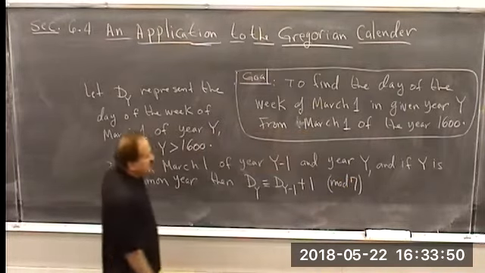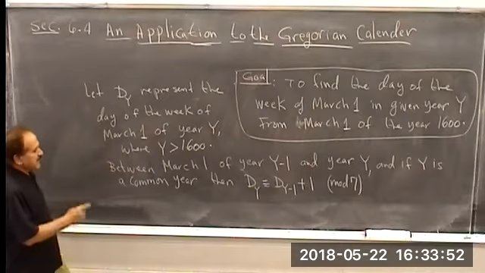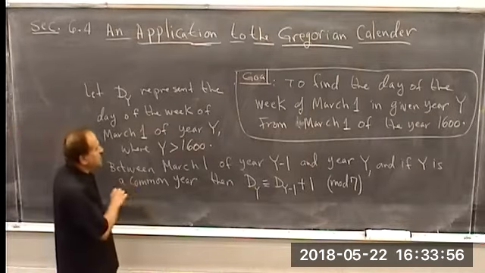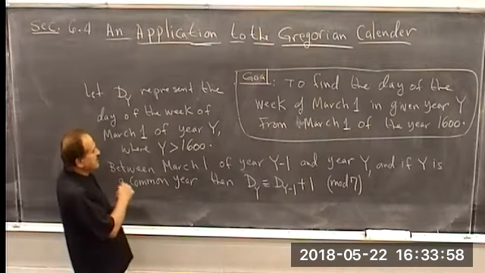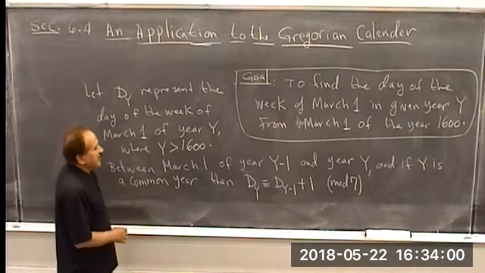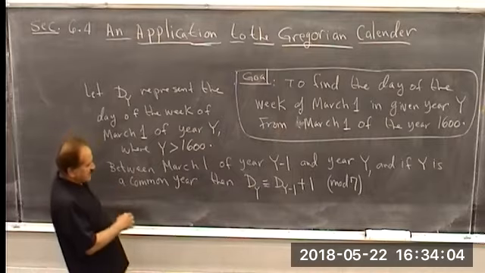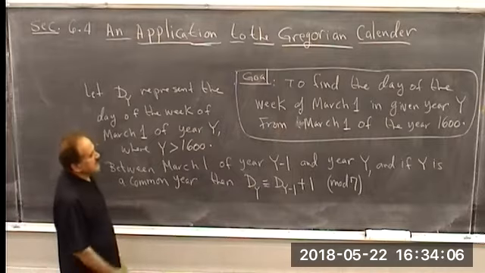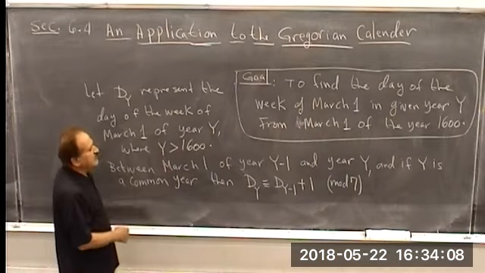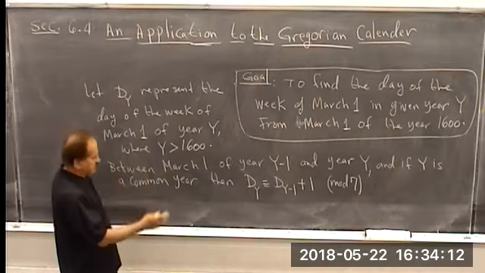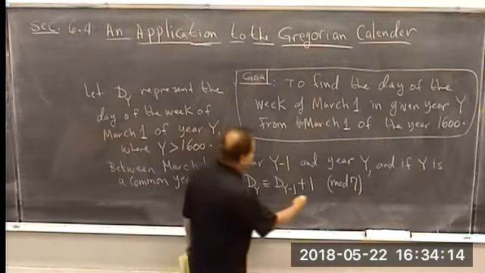In other words, a certain day is going to be advanced by 1 day. So if March 1st in a certain year was on Monday, which has the value 1, then the next year after that, where the next year is a common year, is going to be on Tuesday. So this is what this one is saying.